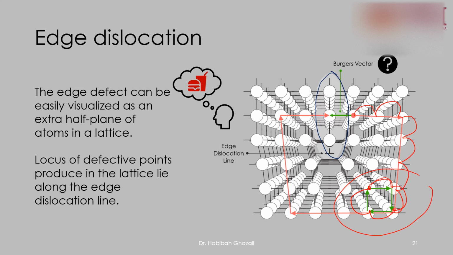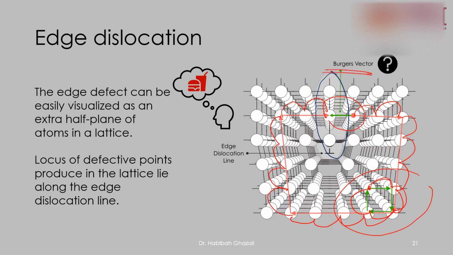Another 4 in the negative x, 1, 2, 3, 4, and another 4 in the positive y, 1, 2, 3, 4. And I still owe 2 in the positive x direction. So I'll have 1, 2. So as you can see, it does not close that loop. So the vector that is completing that loop is what we call as Burgers vector.